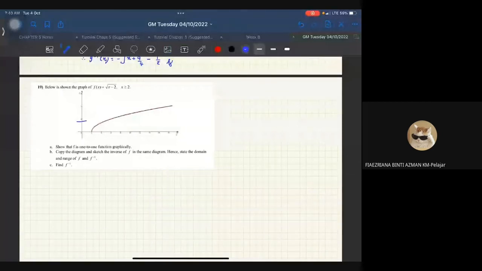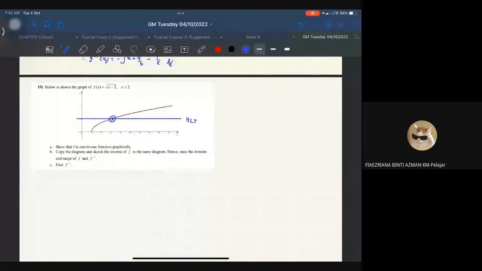Okay, so bila awak buat satu horizontal line, this is what we call as a horizontal line test. Okay, and then we can clearly see that the horizontal line test cuts the graph at only one point. Okay, so this one, jangan tunjuk by graph sahaja, you need to also explain kenapa.